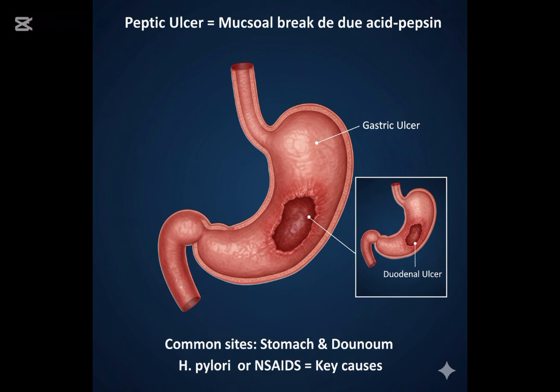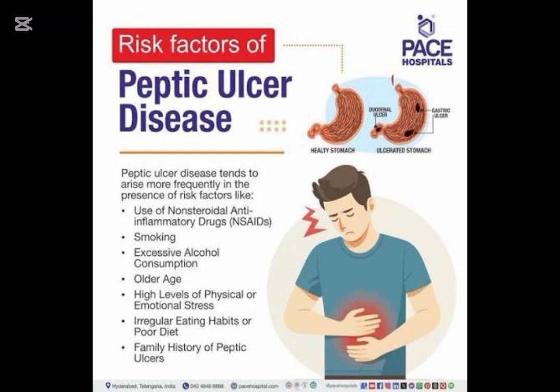Sometimes an ulcer can even form in a Meckel's diverticulum because of ectopic gastric mucosa. The two main causes are Helicobacter pylori infection and NSAID use. Smoking, stress ulcer, and gastrin-secreting tumor called Zollinger-Ellison syndrome can also cause peptic ulcer disease.